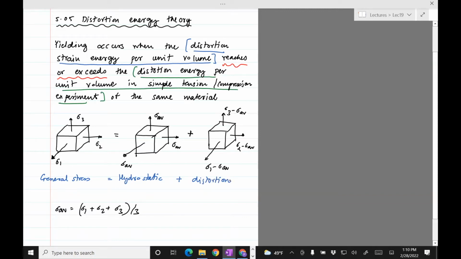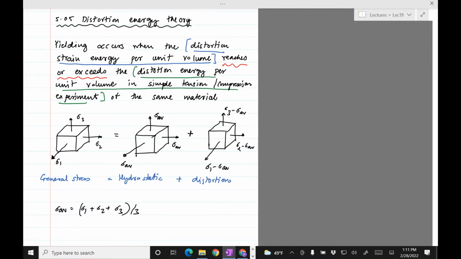Under hydrostatic stress, you will not see a shape change. If it starts as a sphere and you keep blowing in air, it will keep remaining a sphere, but the radius will keep increasing. There is no distortion, or no shear, so to say.